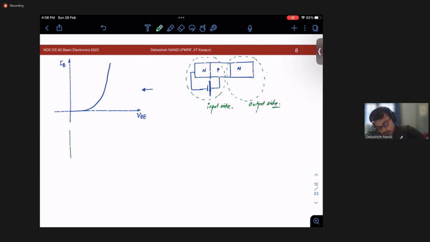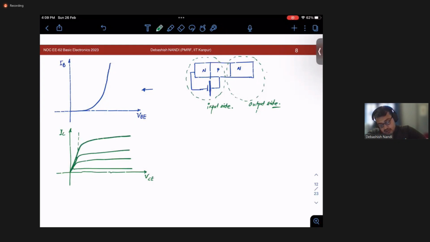So if you want to draw the output characteristics, it will look like this.